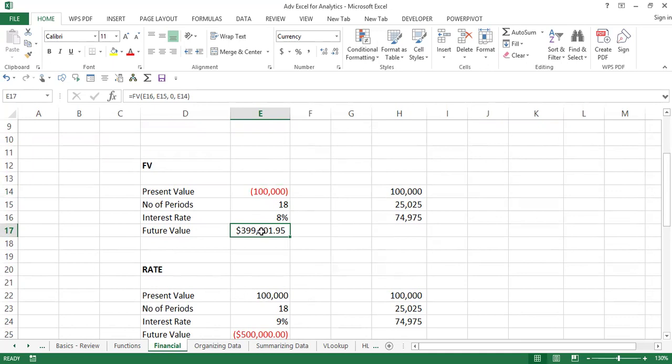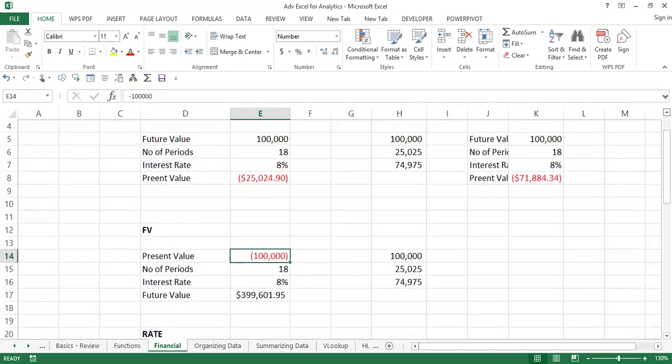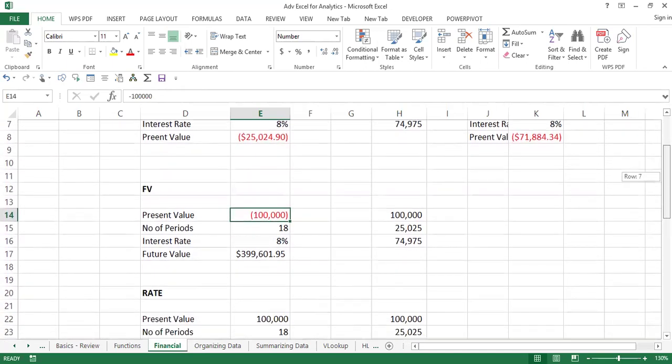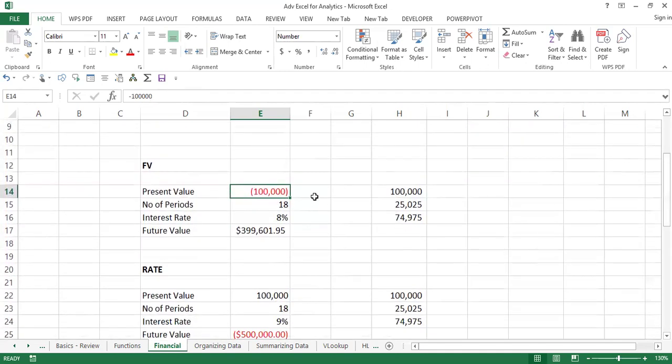I don't know if you are getting my point. You are taking a loan here. Let's say the bank is giving you a loan of 100,000. They are giving it to you, and you are paying back this after 18 years.